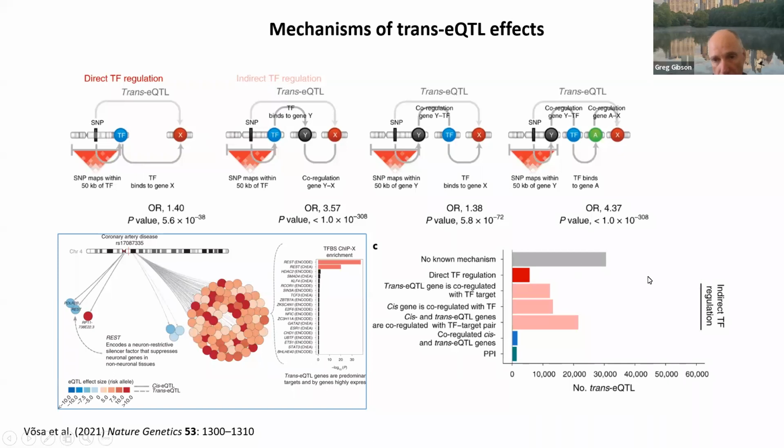But it turns out that only a small fraction, about 5 or 10% of the cases, were of that variety. Much more common are these different types of indirect transcription factor regulation. For example, you can have a SNP affecting one of these transcription factors, but that transcription factor itself does not have a binding site anywhere near the target genes that the SNP acts on.